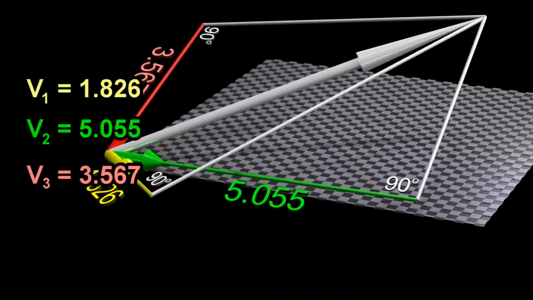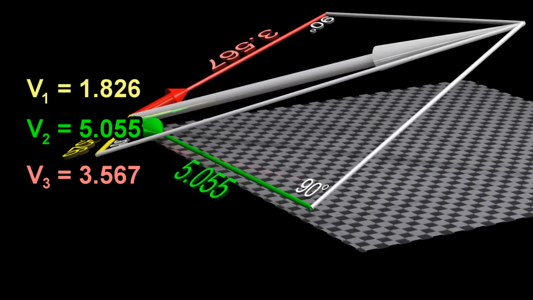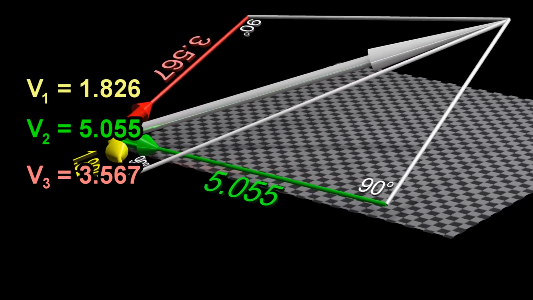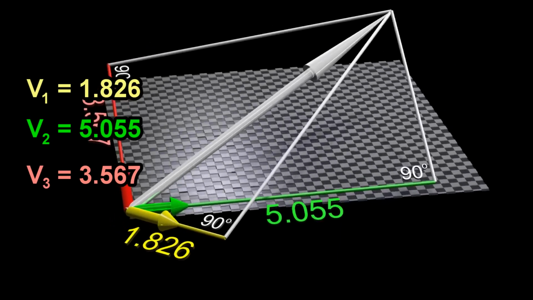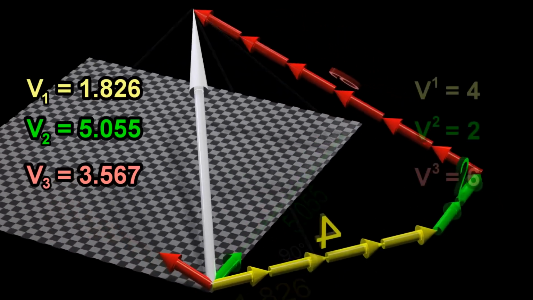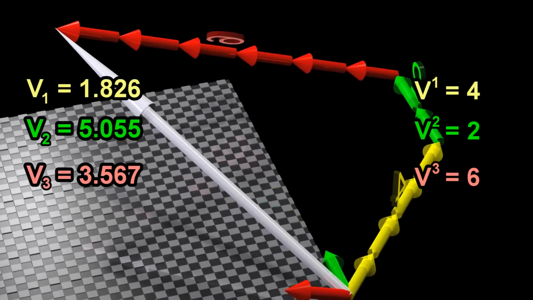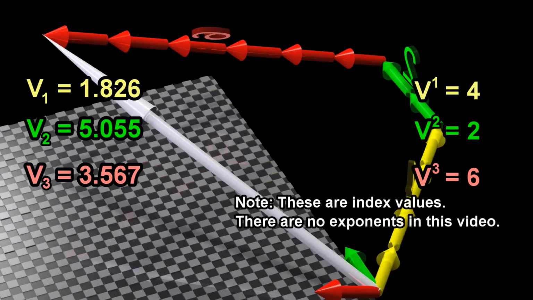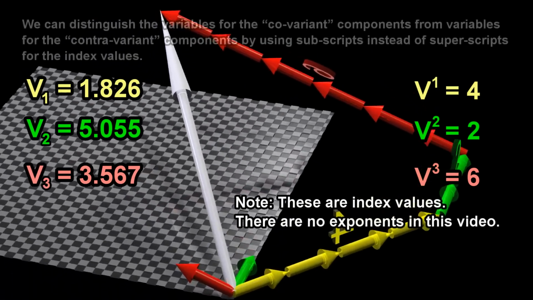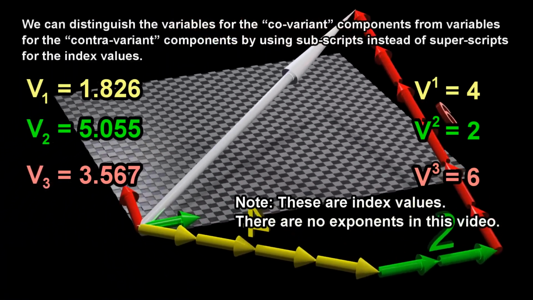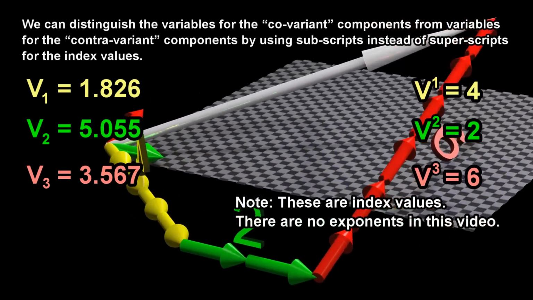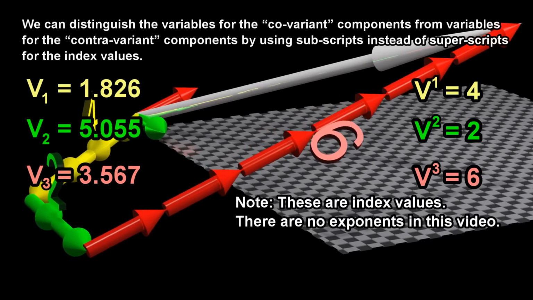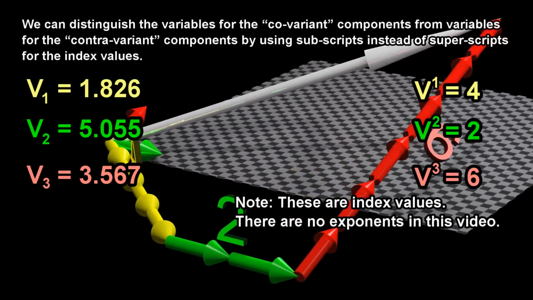We can distinguish the variables for the covariant components from variables for the contravariant components by using subscripts instead of superscripts for the index values.